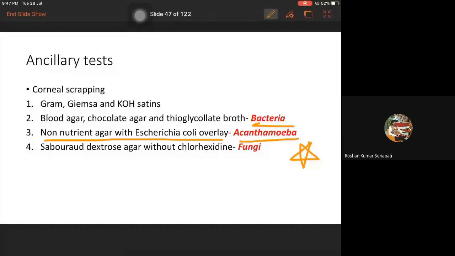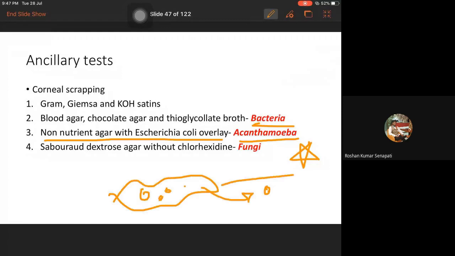Why is E. coli used? In non-nutrient agar, if you put E. coli, the trophozoites or amoeba will eat the E. coli, and you can trace the track on the culture media where it has taken the bacteria. In that way, you can make out whether it's acanthamoeba or not. Similarly, for fungi, Sabouraud dextrose agar without chlorhexidine. This also you have to keep in mind. This is very important.